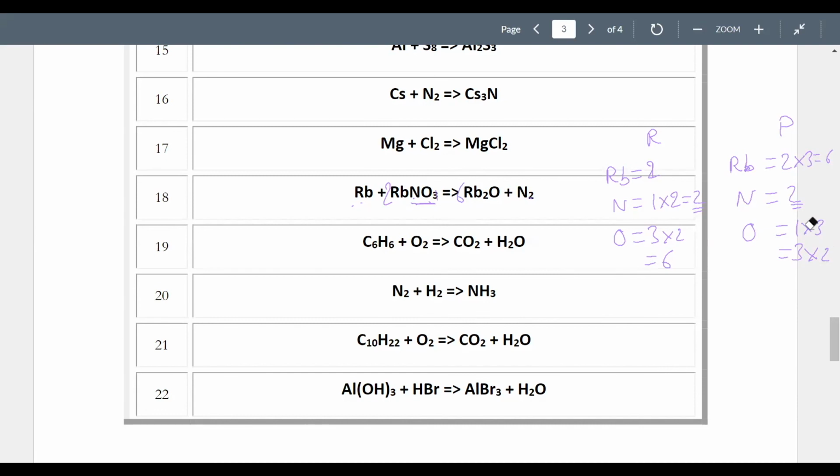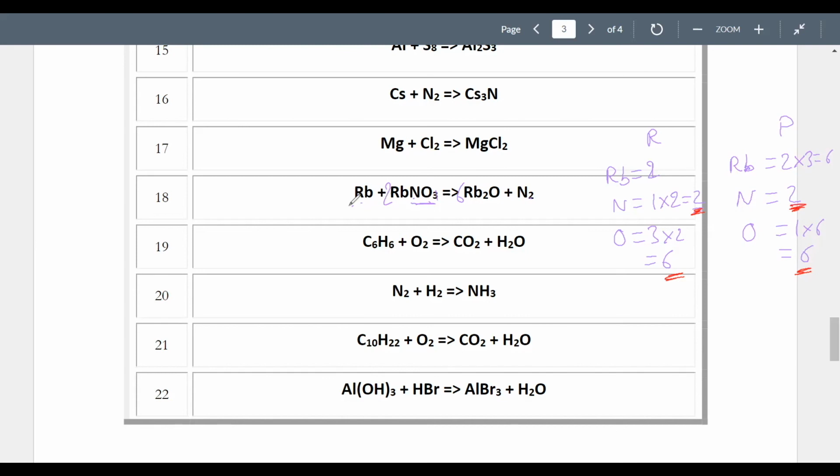So instead of 3, we multiplied that by 6, and now we have 6 oxygen atoms. Let's write this down over here. These are balanced, and nitrogen is also balanced on either side. Oxygen is balanced on either side.